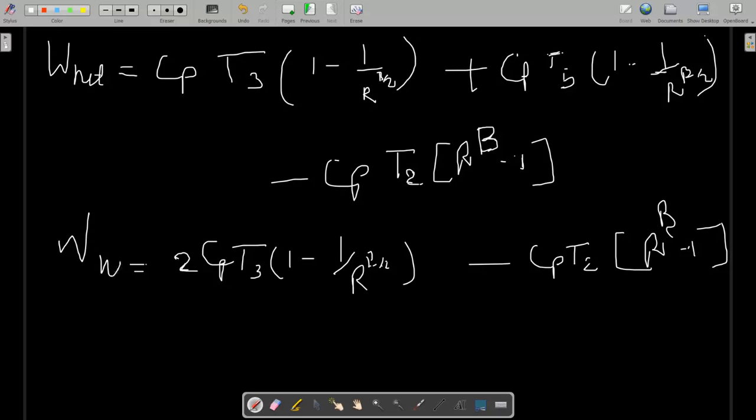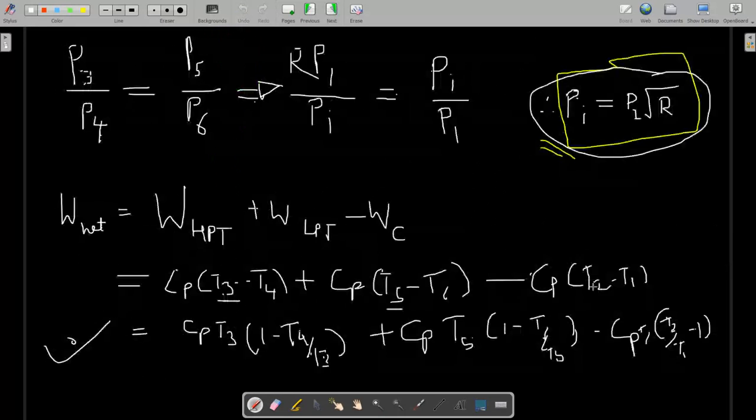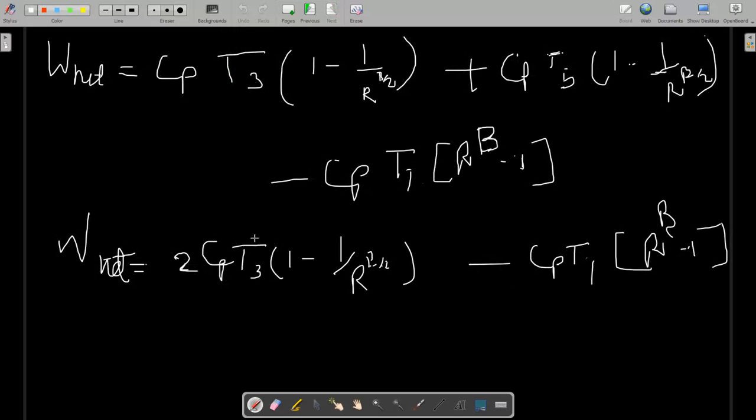For maximum net work done, here we have T1, which we took as common in the previous slide. Now T3 is the upper limit that is fixed by the metallurgical condition.